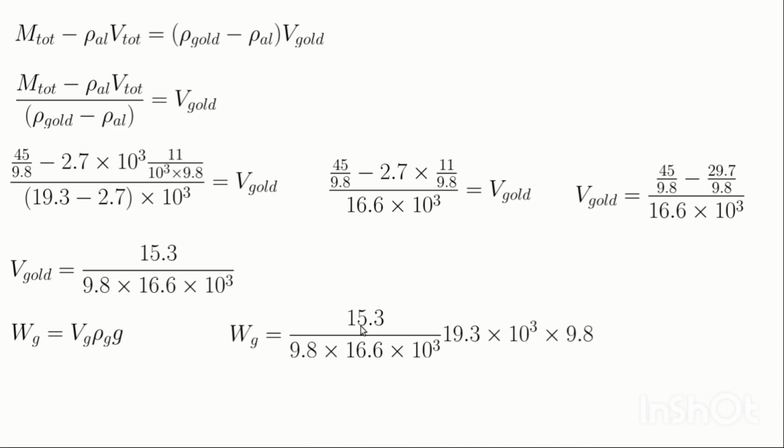So this will cancel this one out, and 9.8 will cancel this one out, leaving 15.3 times 19.3 all over 16.6, which is this expression. And at the end, we get our weight of gold to be 17.79 Newton.